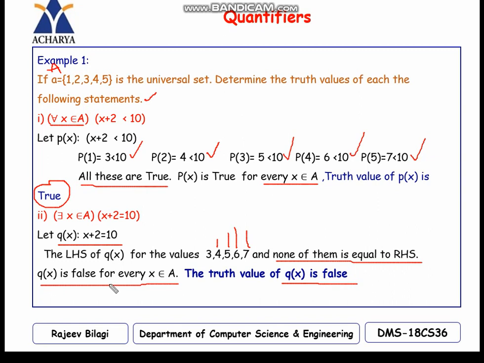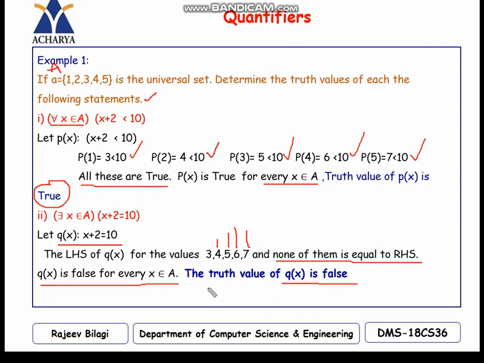By chance, if there is one value which is equal to 10, say for example if A contains 8, so only for this particular value, 8 plus 2 is equal to 10. In that case one is true, and all the other values are false, but then also the truth value of the "for some" statement is true.